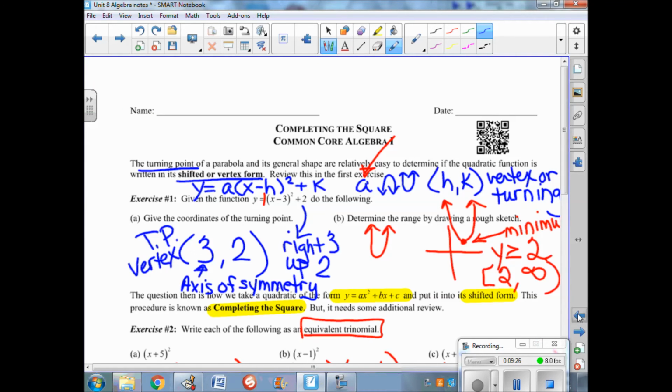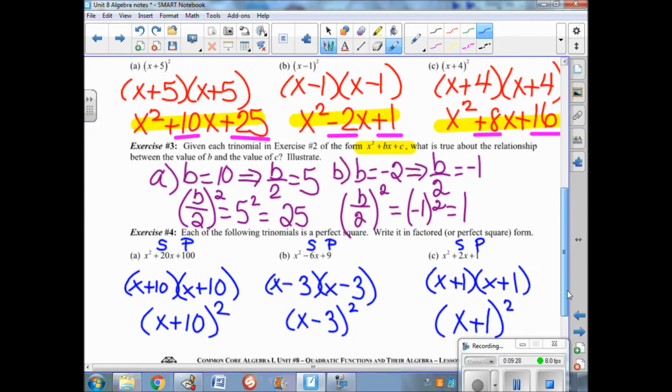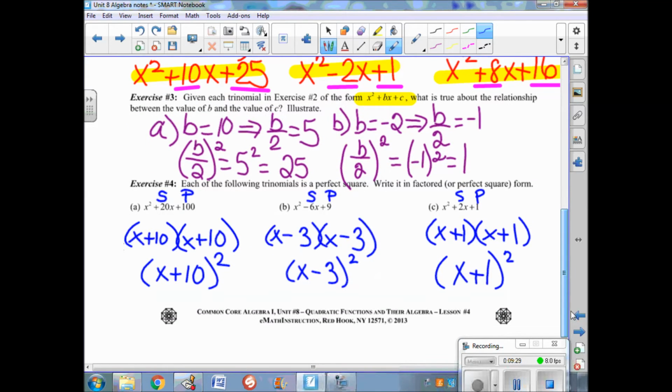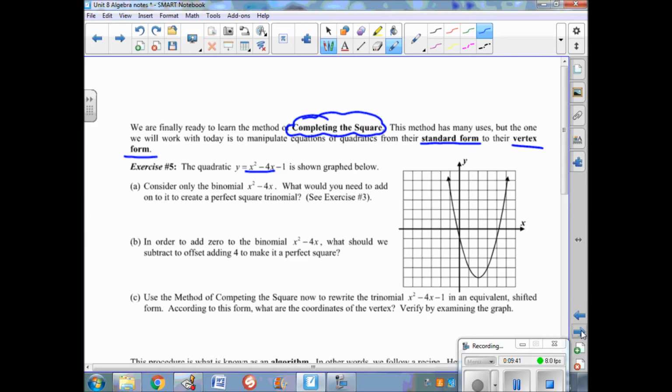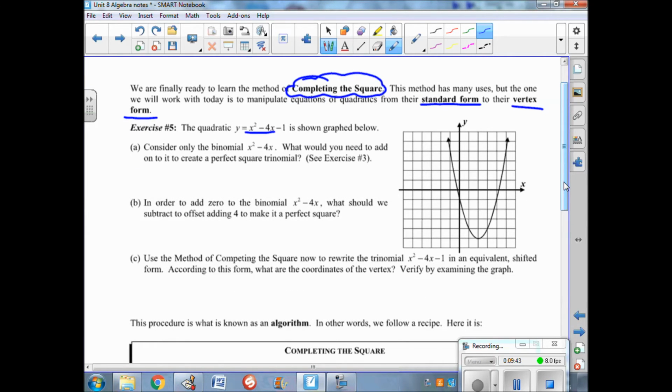So if we go back and look at what we were doing in exercise 3, we were taking half of the b term, we were squaring it, and that was giving us our c term. So I need to take half of my b term and square it. Let's work to the side here.